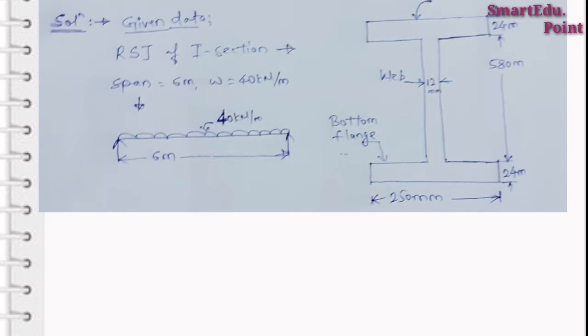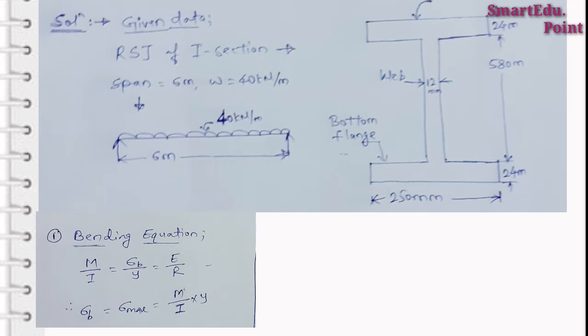For this we have to know the bending equation. What does it say? The bending equation says that M by I equals sigma by y equals E by R. Here we can say sigma will be equal to M by I into y, where M is the bending moment due to the external loading on the beam, I is the moment of inertia of the given beam section, and y is the distance of the neutral axis from the section over which we are going to find the bending stress.